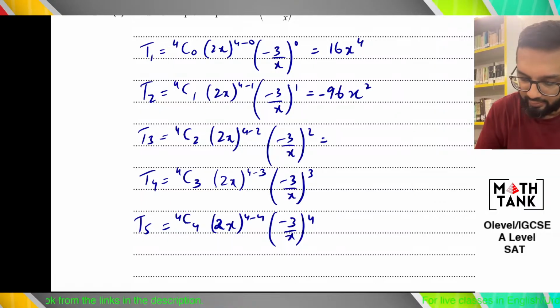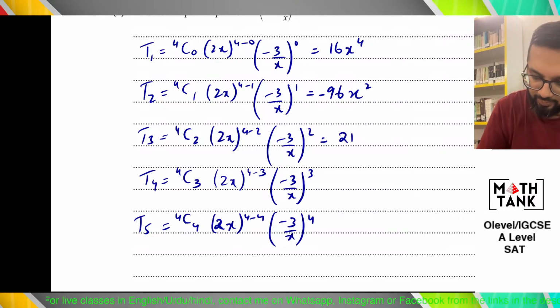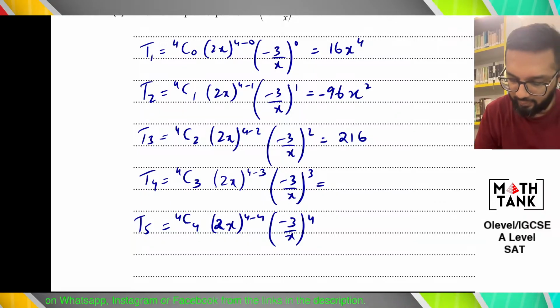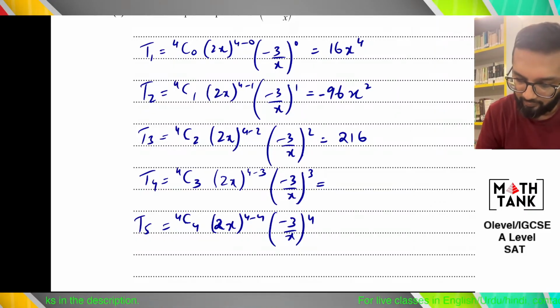That is 6. With the positives, that's x squared over x squared, so that's a constant 216. 4c3 is 4, into 2 is 8, into 27, minus 216.